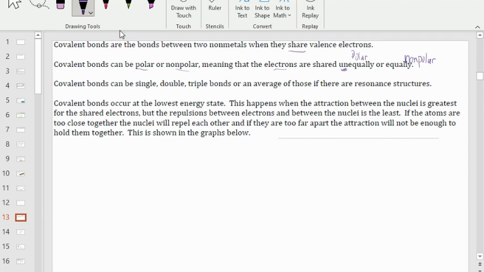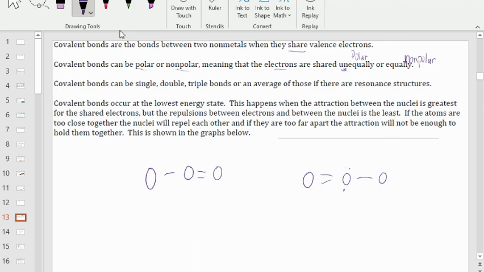And we also have something called resonance structures, which we will get into. Resonance structures just mean that, like here, if we had ozone, ozone is this, or ozone can be this. And this is a resonance structure. So part of the time the double bond is here, part of the time the double bond is here.